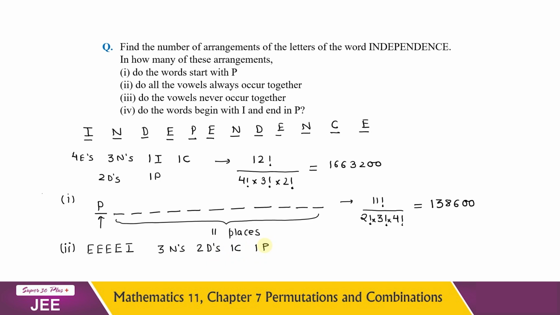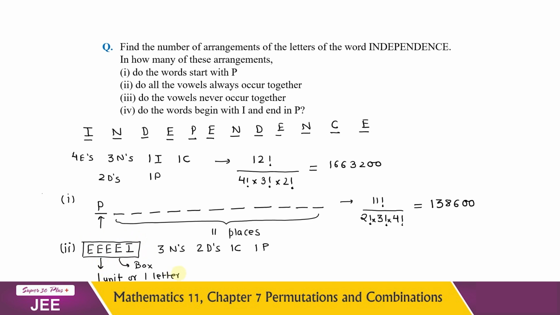Alright, but this part says that vowels must occur together. So what I will do, I will keep all these vowels in a box. We have kept all the vowels in a box. Why? Because we want vowels to always occur together. Now consider that we have 3 N's, 2 D's, 1 C, 1 P, and this entire box will be considered as one unit or one letter.